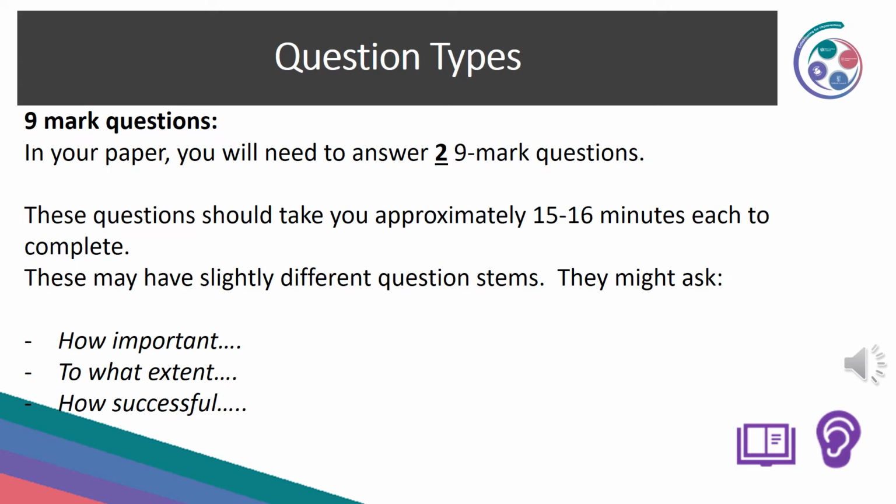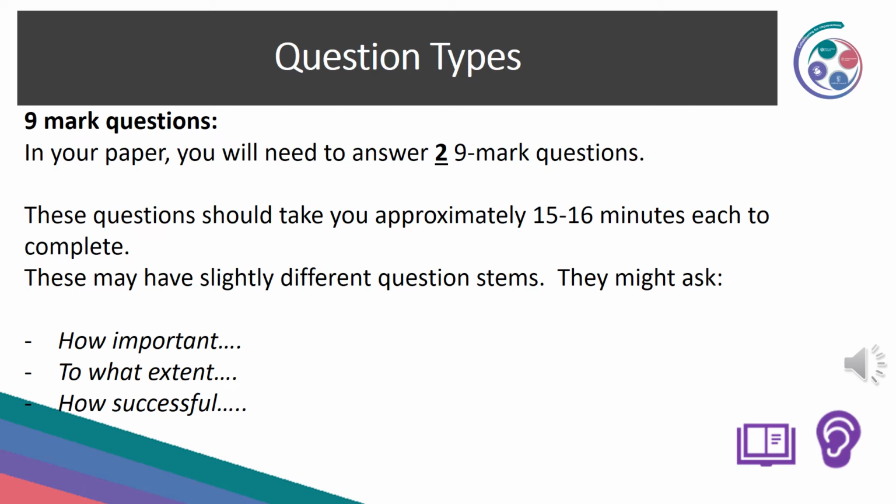The questions themselves should take you approximately 15 to 16 minutes each to complete. However, they may have slightly different question stems. They might ask how important, to what extent, or how successful.